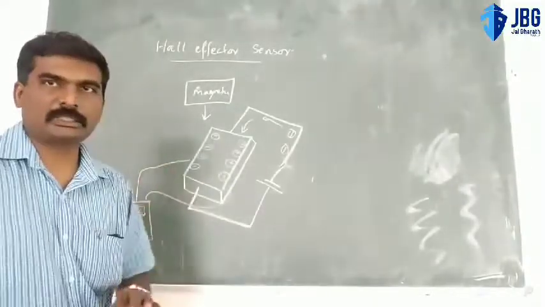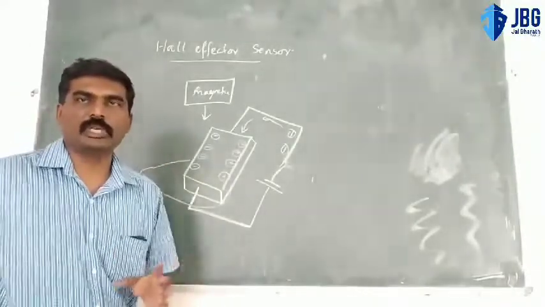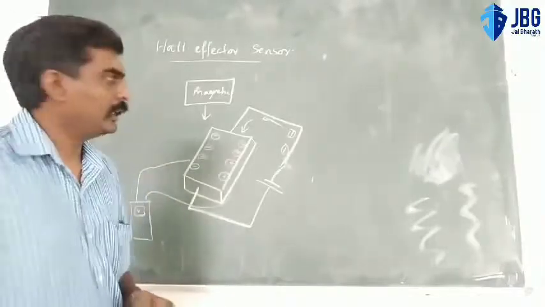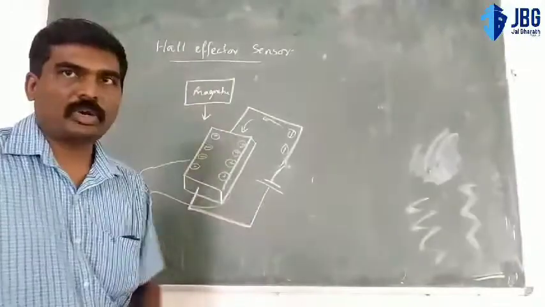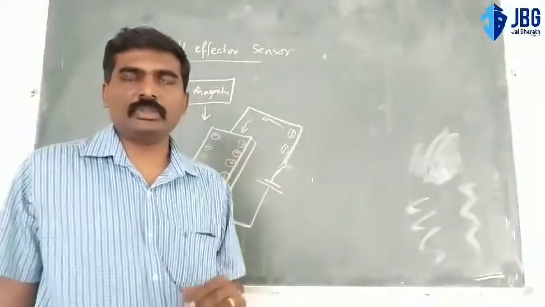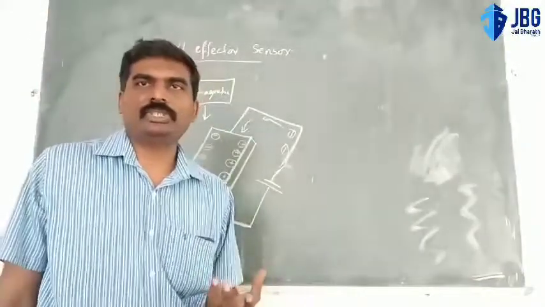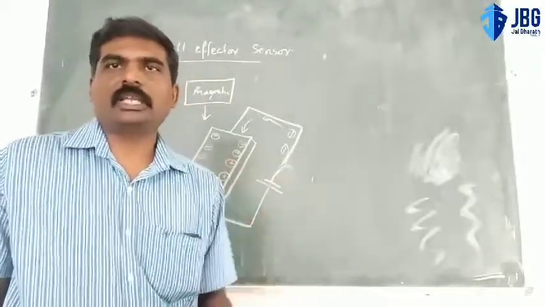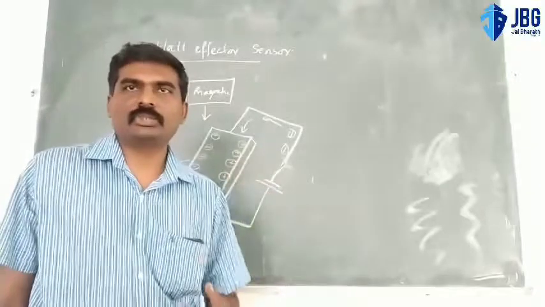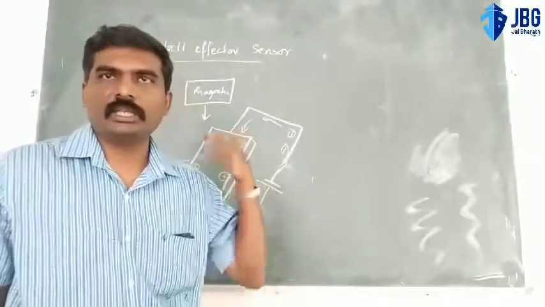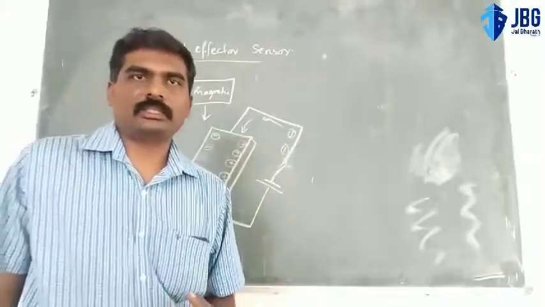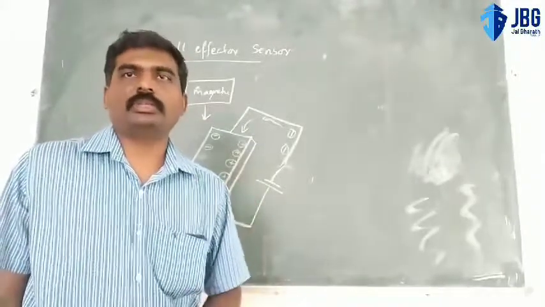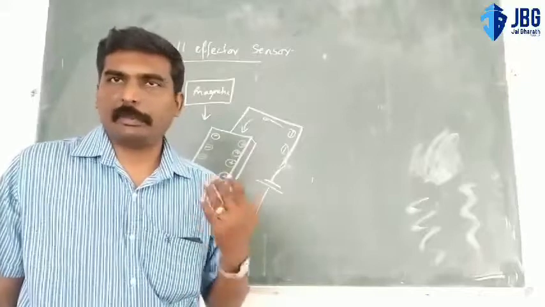This Hall effect principle is utilized in Hall effect sensors. Here we are going to discuss the Hall effect sensor. To measure the proximity of an object, that means the presence and absence of an object without any contact, we can utilize a Hall effect sensor. In the previous class we said we have inductive sensors and capacitive sensors.